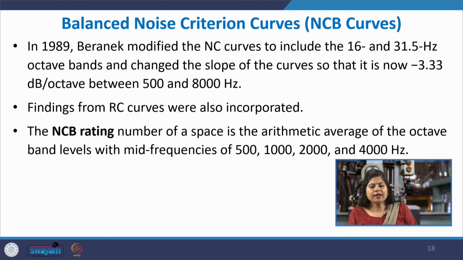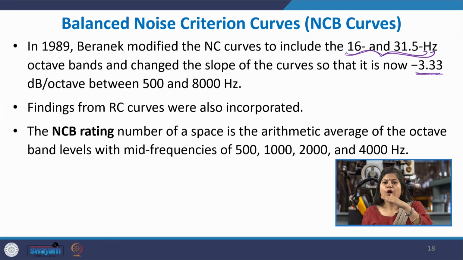Okay, so the last kind of curves you will be studying is the balanced noise criterion curves. They were an improvement on the already existing noise criterion curves. Similar to the noise criterion curves, but now what they did was that they incorporated more stringent criterion in the lower frequency ranges, and they lowered the slope of decrease in the decibel levels per octave.